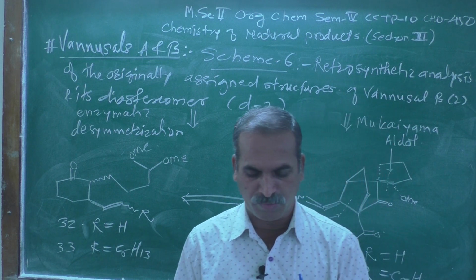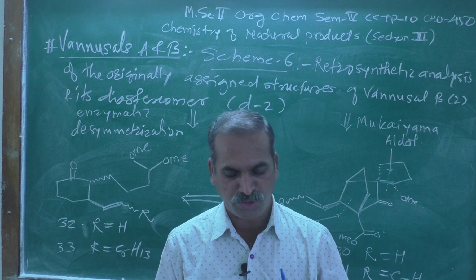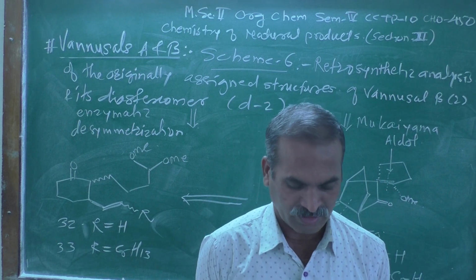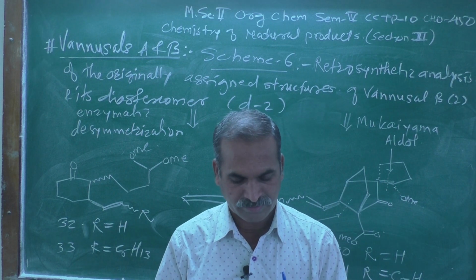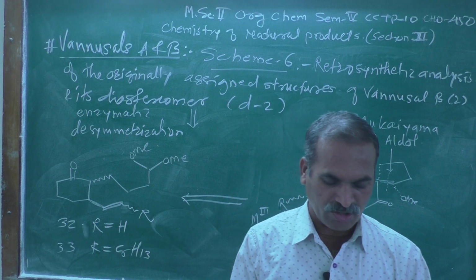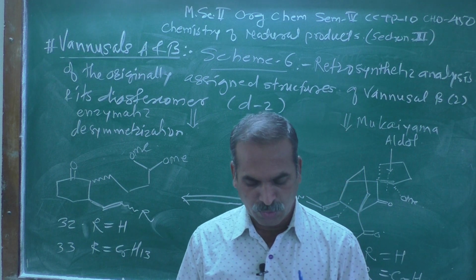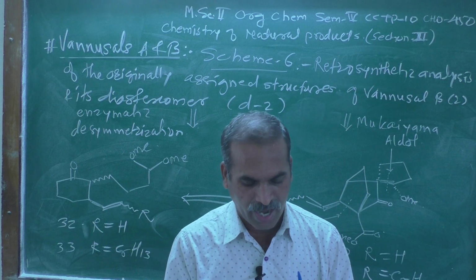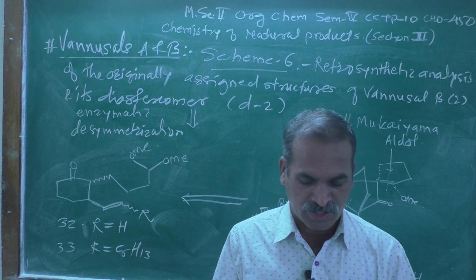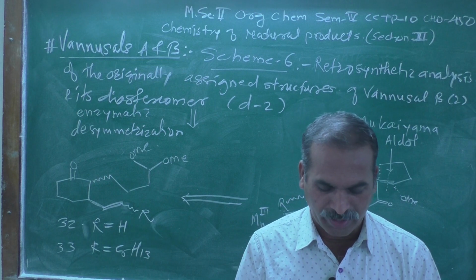Appropriate functional group transformations as shown in scheme 6. Further simplification of vinyl iodide 26 through Shapiro reaction, regioselective epoxide opening.